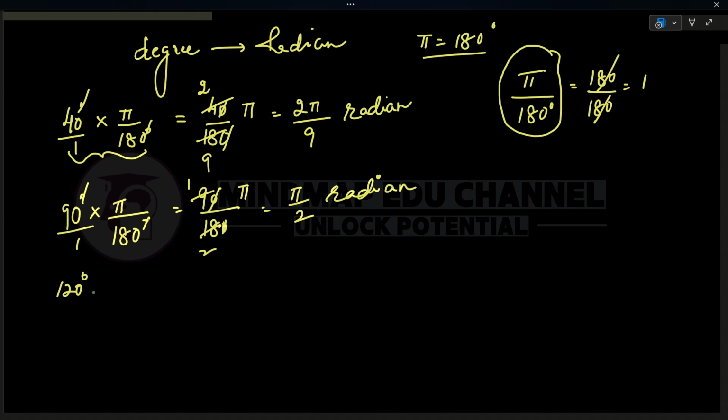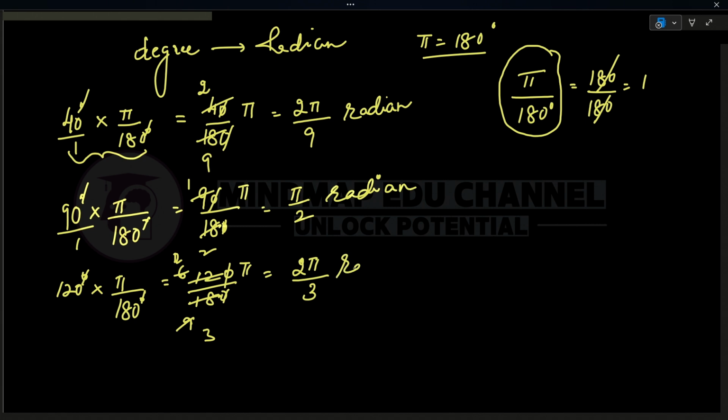Now you convert it. Try to do it by yourself by pausing the video. We will multiply this by pi over 180, and degrees and degrees get cancelled. 120 over 180, 0 gone, and here it will be 2 6s are 12, 2 9s are 18, so 2 over 3, which gives 2 pi by 3 radians.